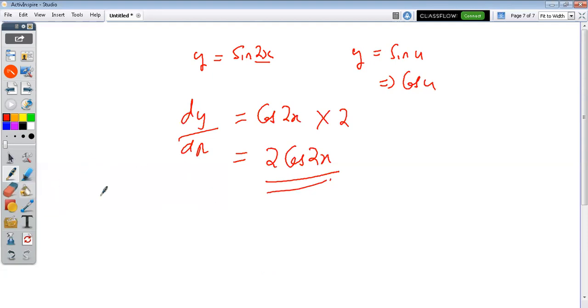Now, what if we have something like this? y is equal to e to the power of 4x cos 4x. Here we have to do both product rule and chain rule.